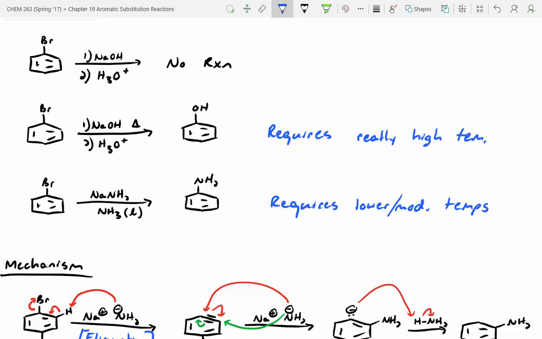In fact, the one with sodium hydroxide requires such high temperatures it's oftentimes impractical because you'll end up cooking your compound instead of doing the elimination addition reaction that you want. It will just decompose before it even has a chance to occur. So the one with amide is a lot more common. Does that make sense?